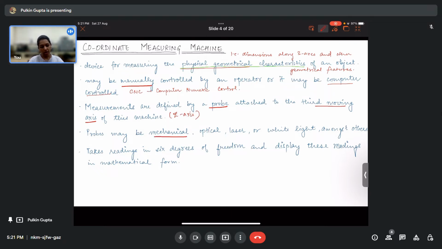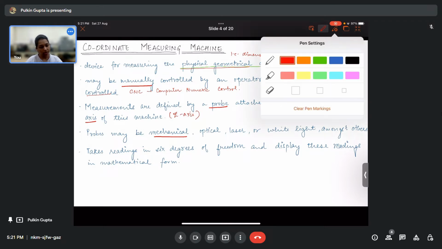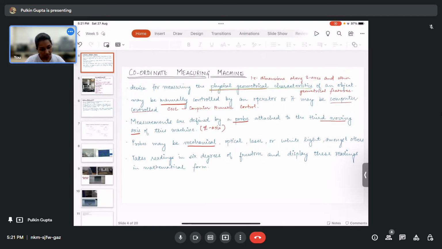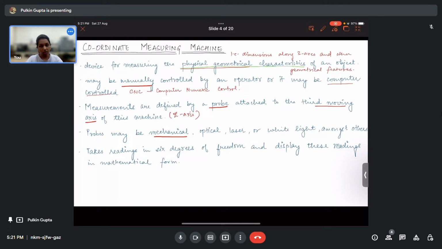One is mechanical, which requires actual physical contact with the object.